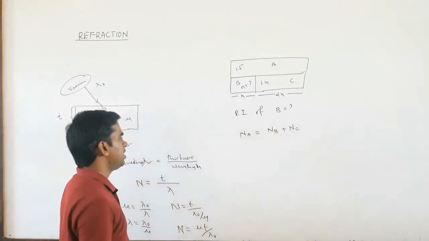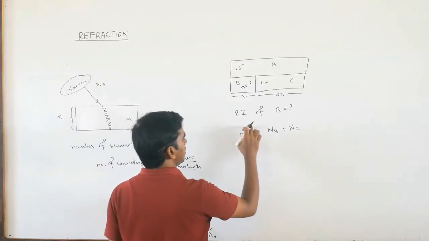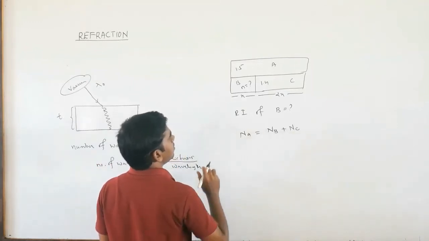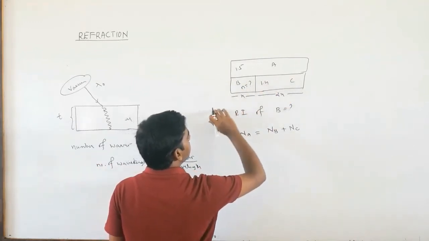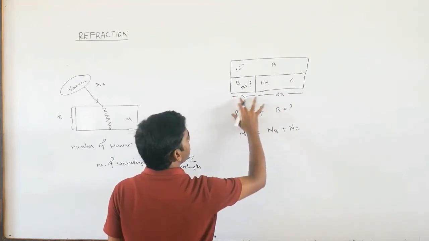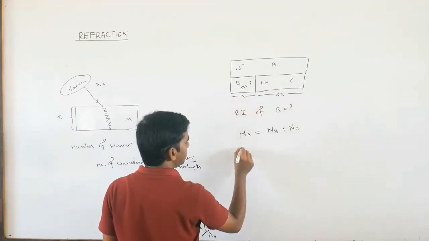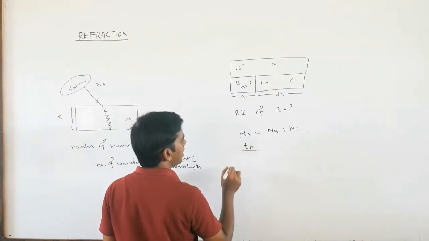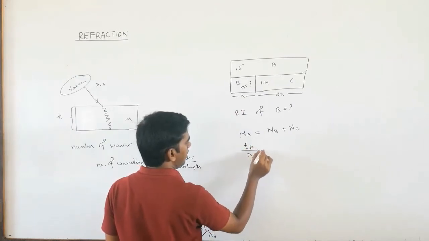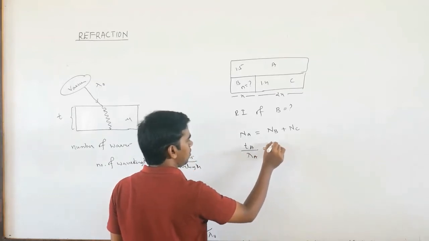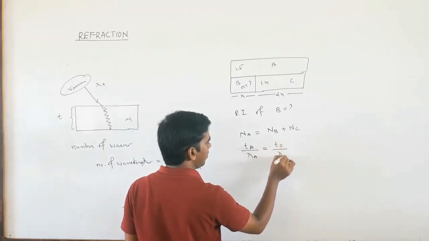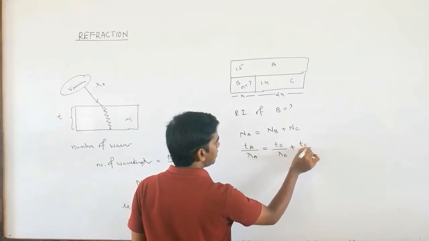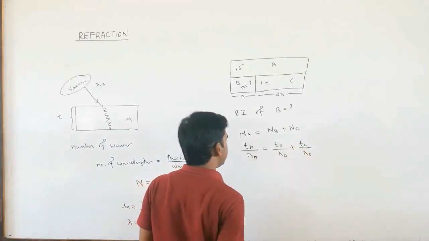The length we can take as x plus 2x, 3x. So thickness of A divided by wavelength in A equals thickness of B divided by wavelength in B plus thickness of C divided by wavelength in C.